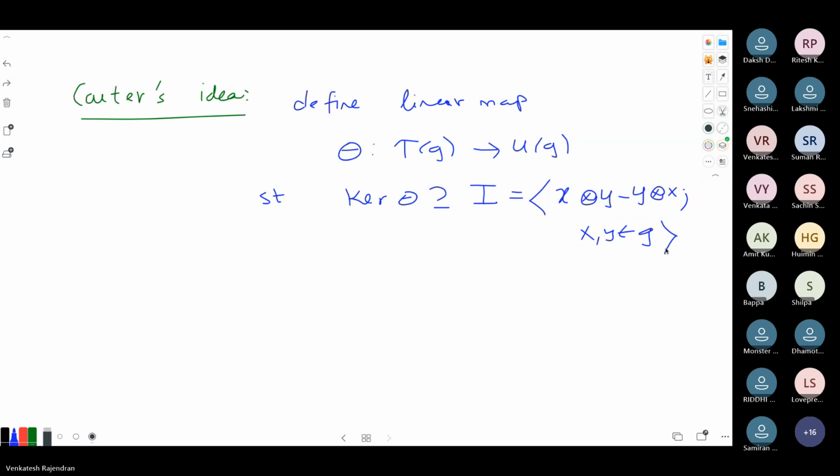Okay, so then you will have an induced map from SG to this UG. So then you need to check that actually.